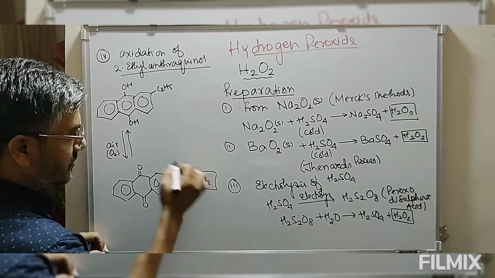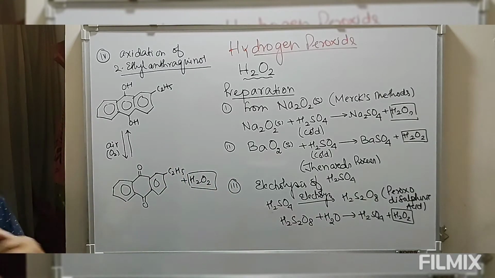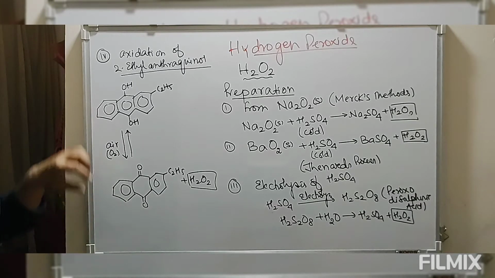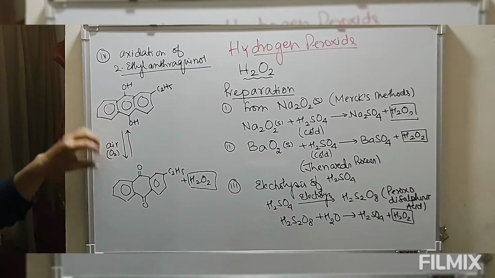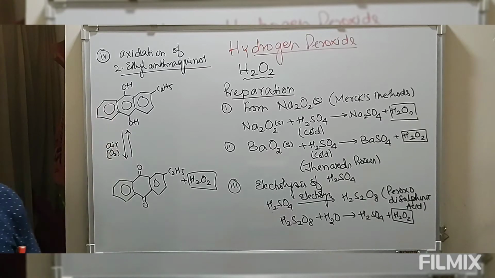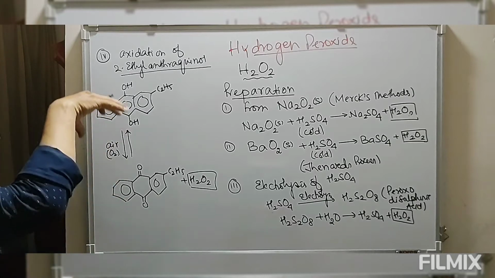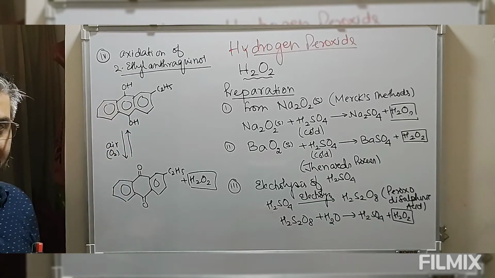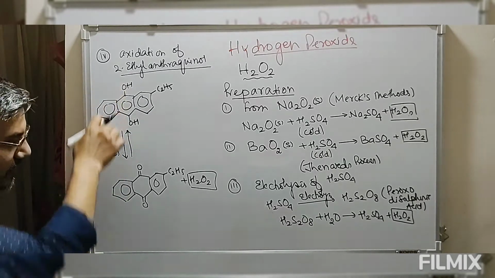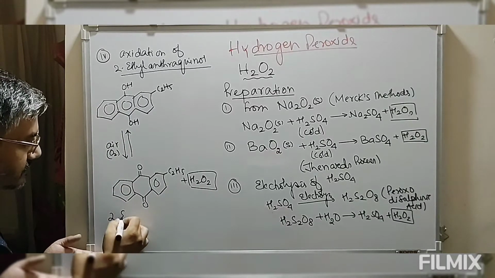This is a method used on an industrial scale for large scale production of hydrogen peroxide. Why? Because the reagent used for this reaction is aerial oxygen, which is available in large quantity, and this is also economical. So we take this ethyl anthraquinol, we pass air, that is aerial oxidation, and it automatically oxidizes to give hydrogen peroxide and 2-ethyl anthraquinone.